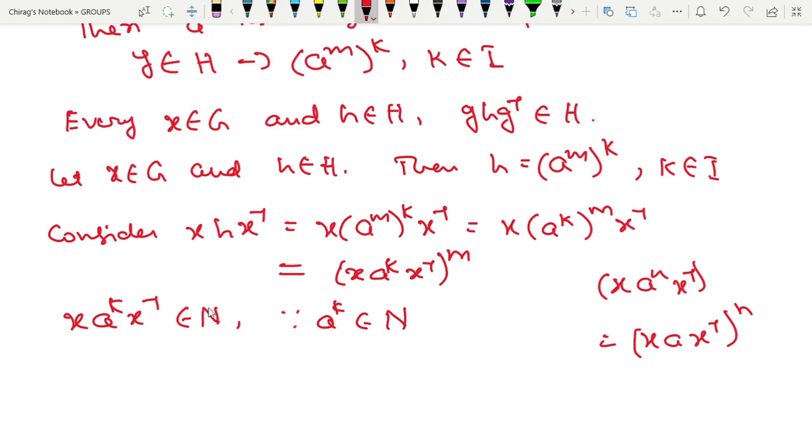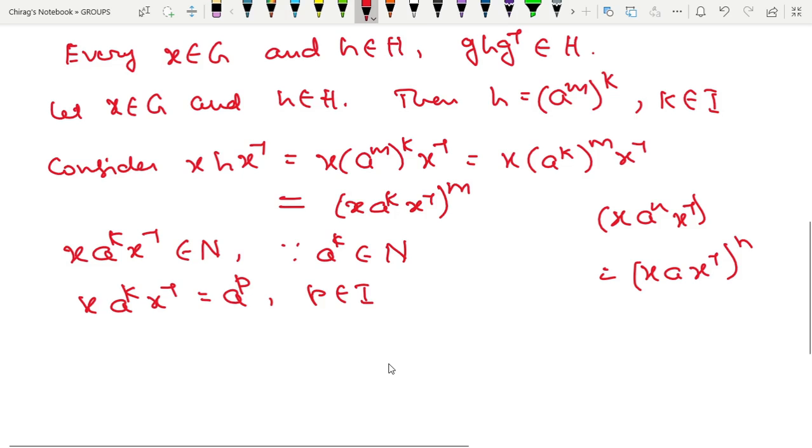And since N is normal, for every x belonging to G and a^k belonging to N, x a^k x inverse definitely belongs to N. Okay, so therefore x a^k x inverse is an element of N. And since N is cyclic and generated by a, x a^k x inverse is equal to some a^p with p belonging to the set of integers.